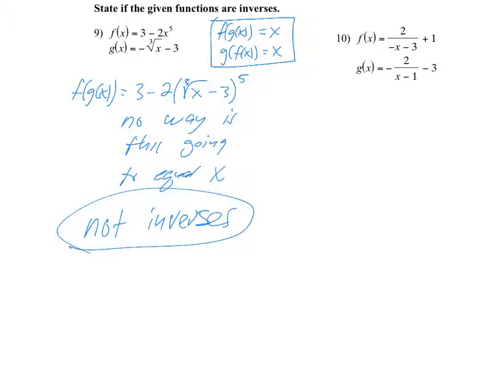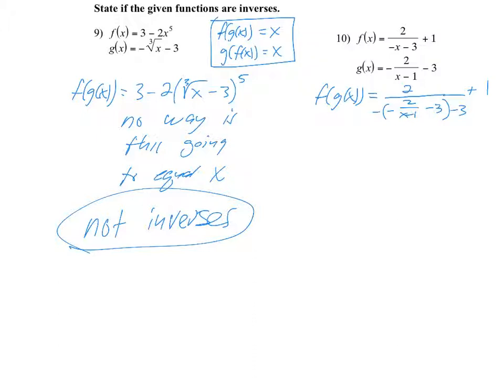On this one, again, we need to get f of g of x. So f of g of x is going to be 2 over, I'm putting the plus 1 so I don't forget it. Wherever we see x, we're going to replace it with this whole thing. So this is negative, and then we're looking at the function on here, negative 2 over x minus 1, minus 3, and then minus 3, because that's still in the denominator.